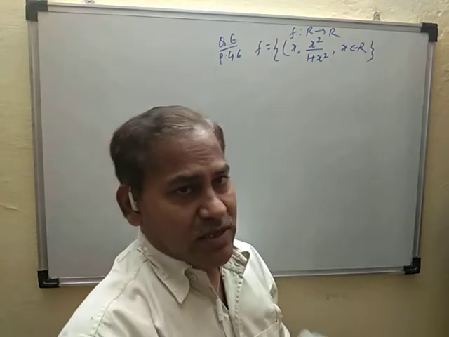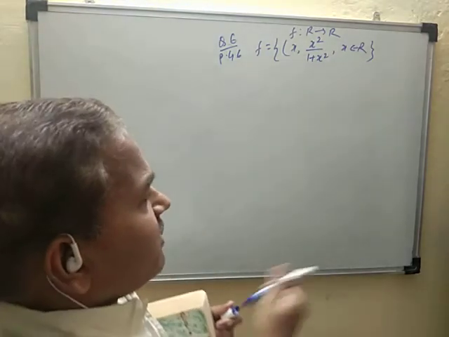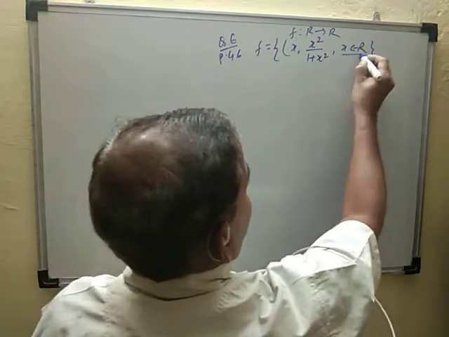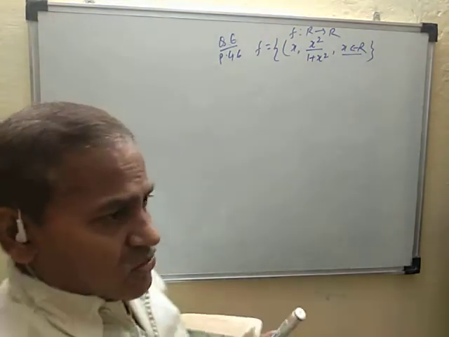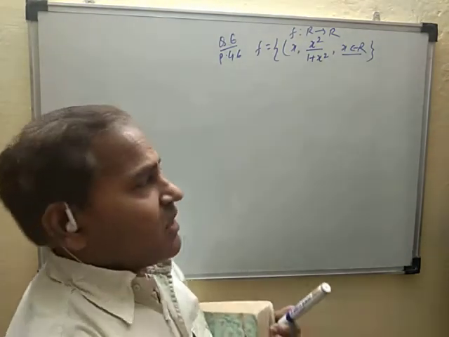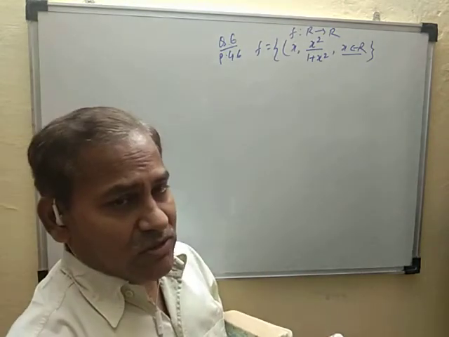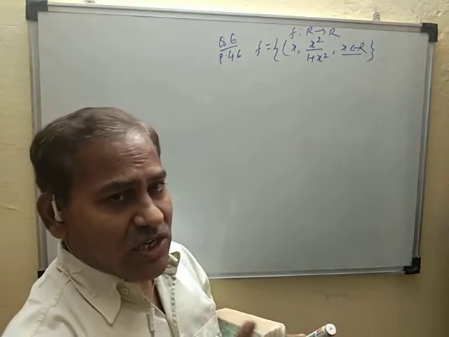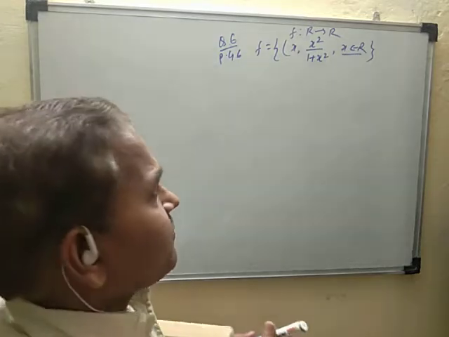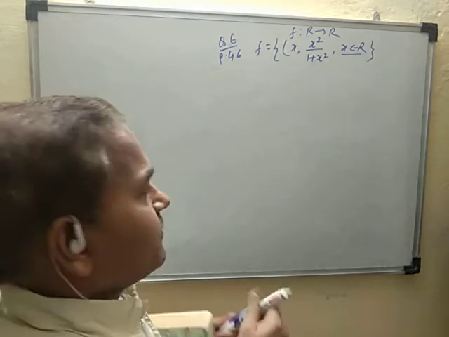Range is to be found. Here the domain is given, that is the value of x, and x belongs to R. So its domain is the set of real numbers. Now find its range.